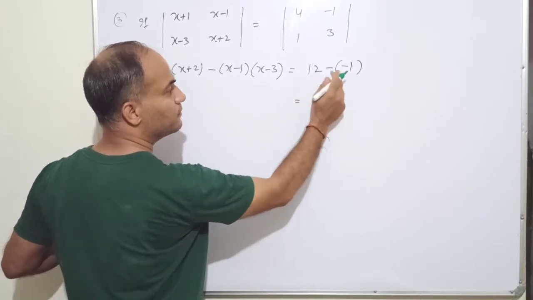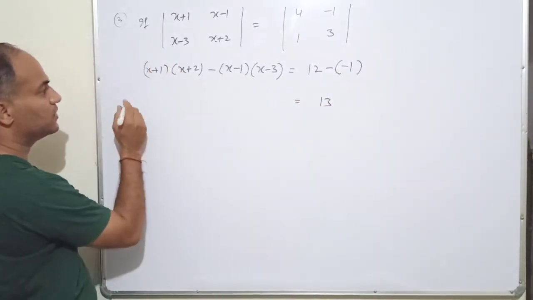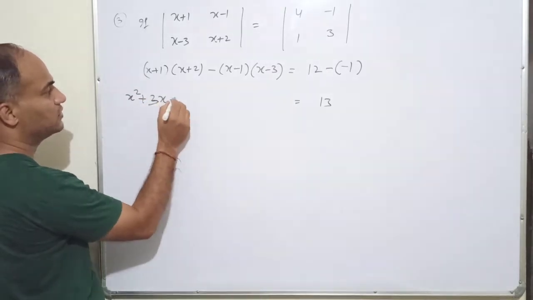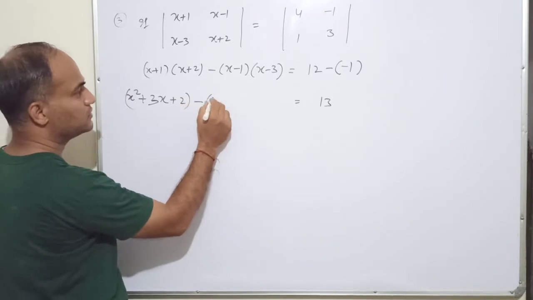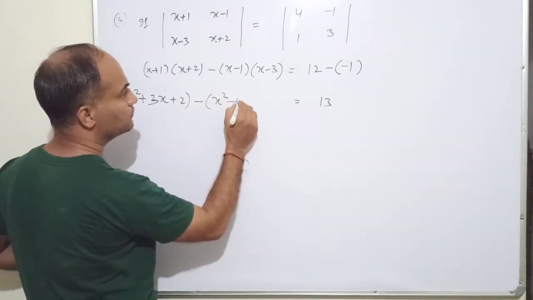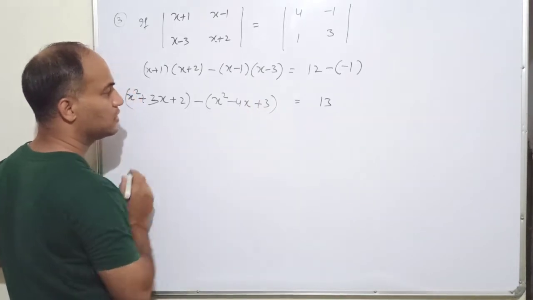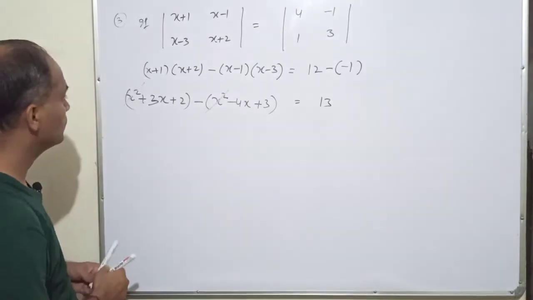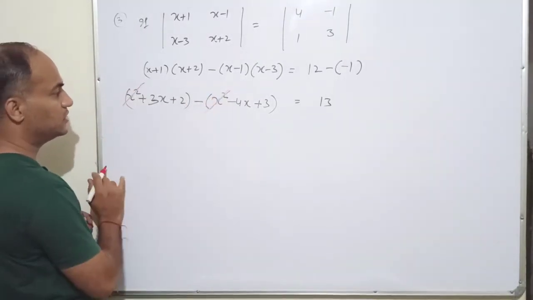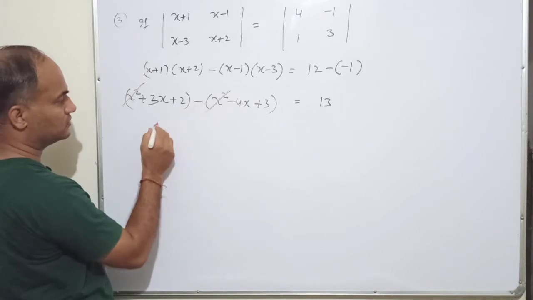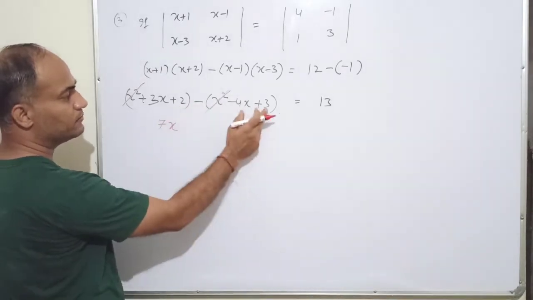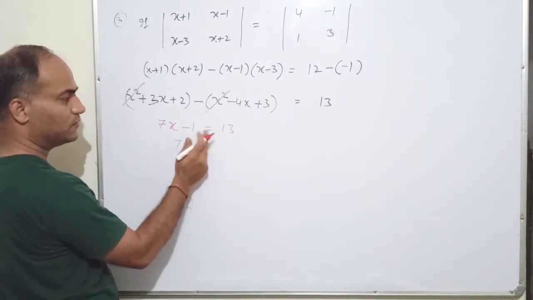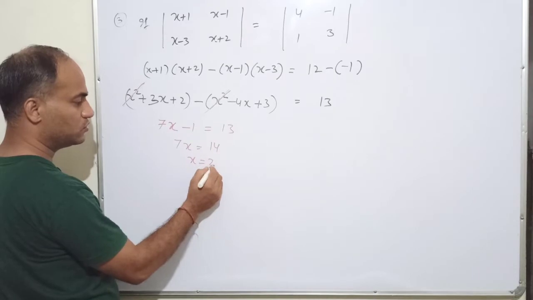So this becomes 12 plus 1, 13, and this becomes x square plus 3x plus 2 minus x square minus 4x plus 3. On subtraction, the x square gets cancelled, 3x and plus 4x give 7x, and 2 minus 3 minus 1 is 13. So 7x is equal to 1 plus 13, which is 14, so x equals 2.